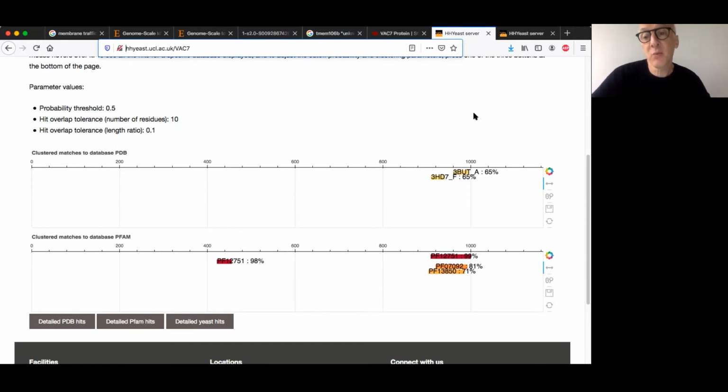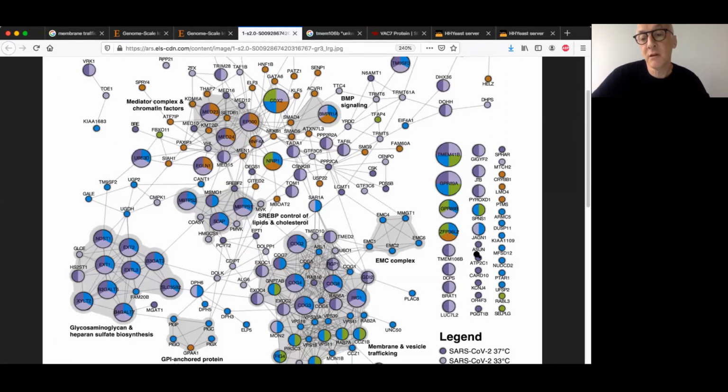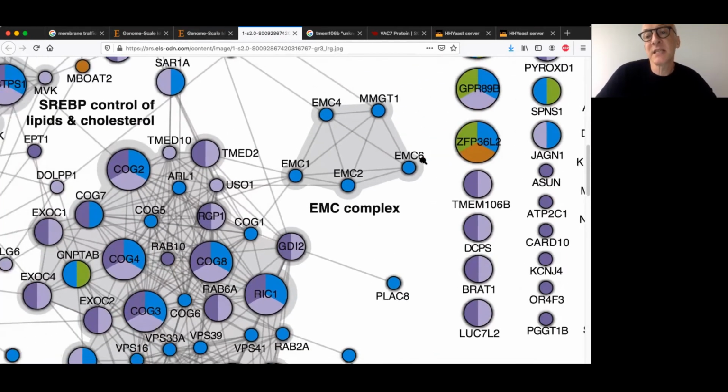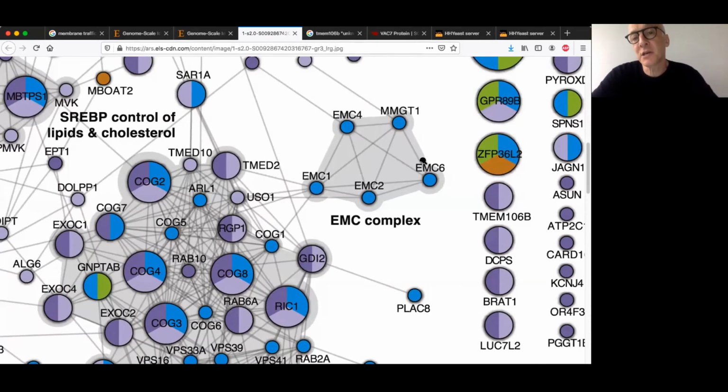Using this work on yeast, I can then transfer it back to humans and show that this protein, which I showed you here, is involved in the production of coronavirus in humans. I can also look at its function and make a very good guess what residues are important in this protein, so we can make testable hypotheses about all sorts of cellular functions, including those related to SARS coronavirus 2.